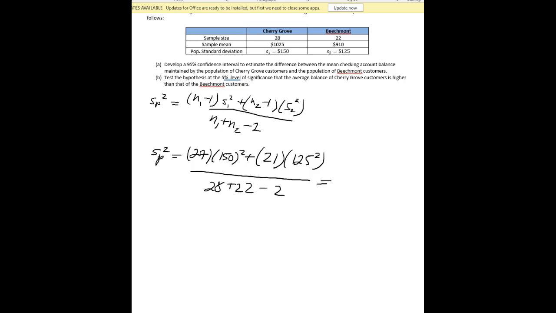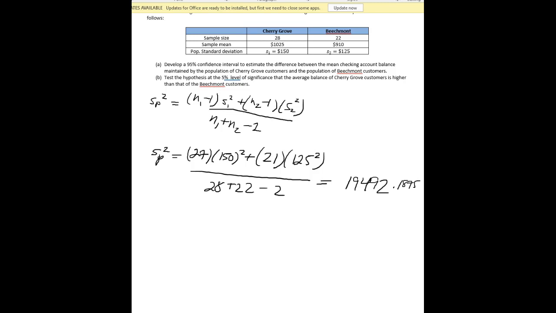I am not going to work that out, other than to say that this is equal to 19,492.1875. Okay, so that is that.